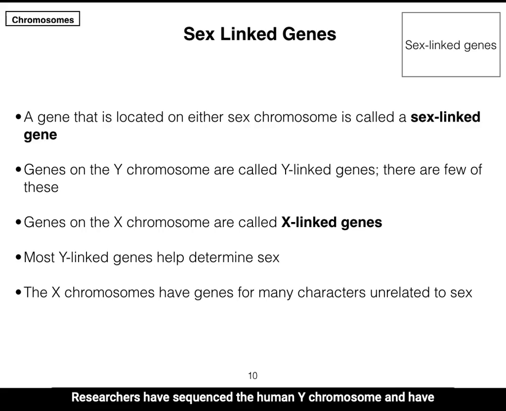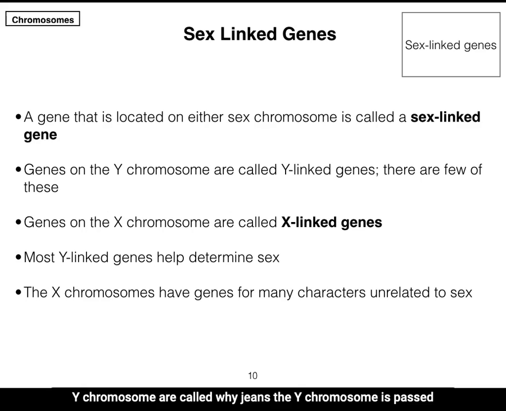Researchers have sequenced the human Y chromosome and have identified 78 genes that code for about 25 proteins. About half of these genes are expressed only in the testes, and some are required for normal testicular function and the production of normal sperm. A gene located on either sex chromosome is called a sex-linked gene.